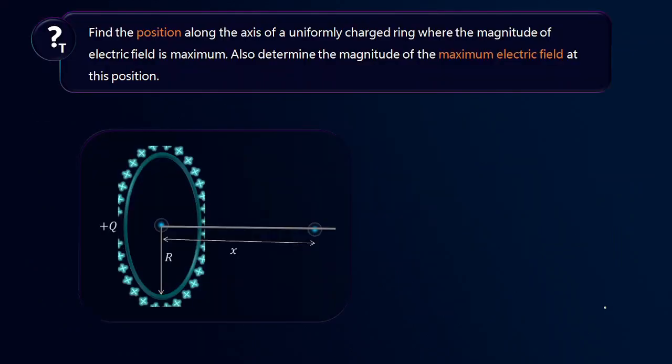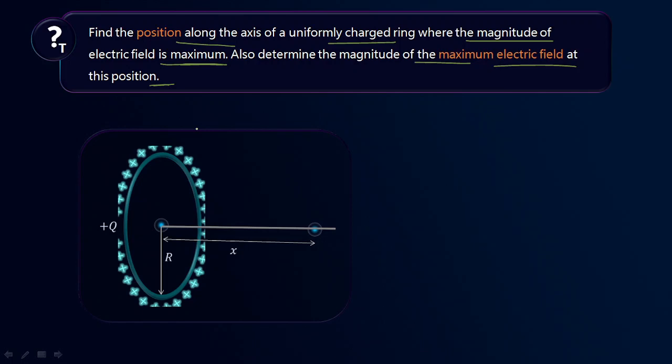Now let us solve one question. The question is what I was saying, the same thing. Find the position along the axis of a uniformly charged ring where the magnitude of the electric field is maximum, and also determine the magnitude of the maximum electric field at that position, right? So what is the maximum electric field, that we have to find.